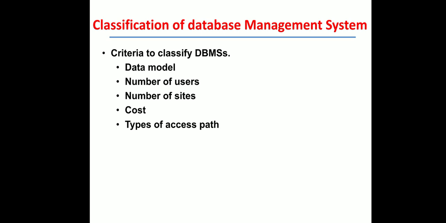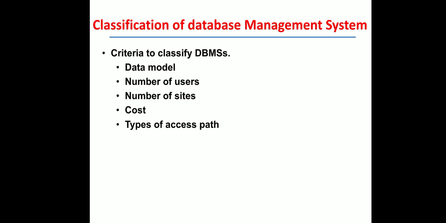This third criterion specifies whether the database is a centralized database or a distributed database. Centralized means the database will be in one particular location, and all users access that database. Sometimes the same database is distributed in different locations. Based on that we classify the database management system.